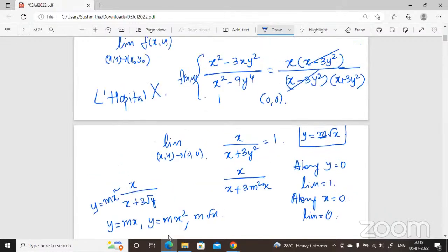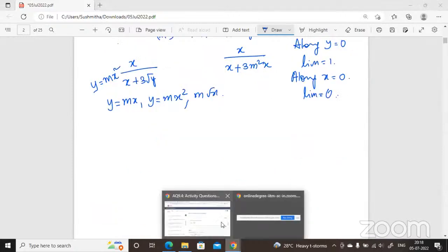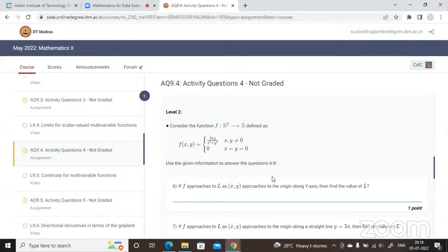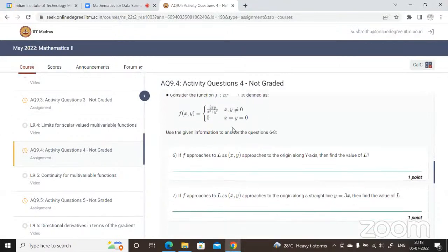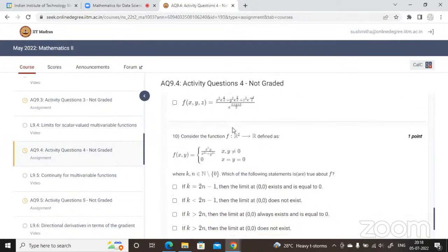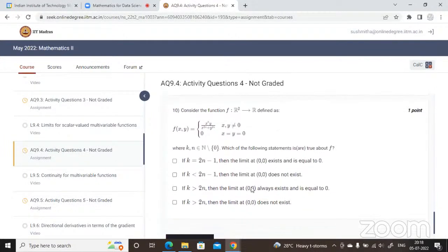Now here, let's take an example where the limit exists actually. Does the limit exist here? No. This one, let's take this one.